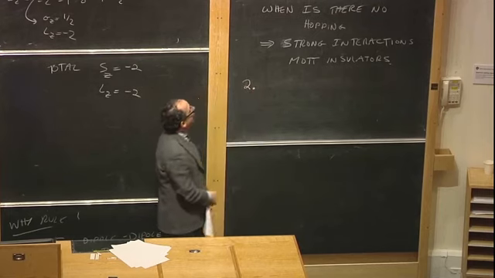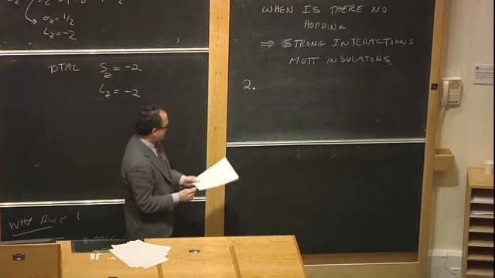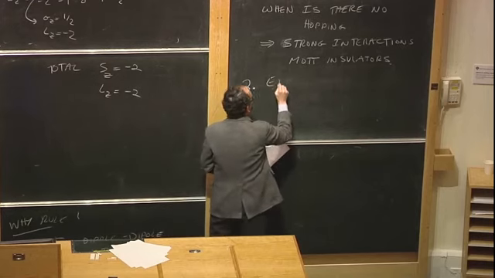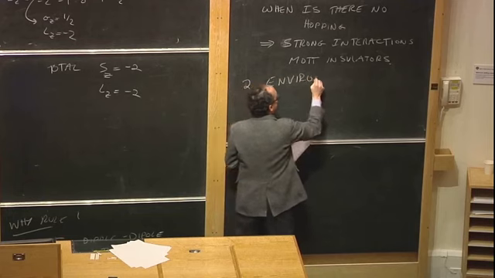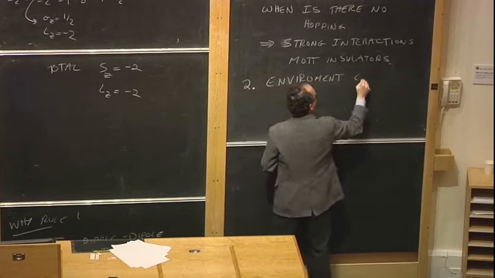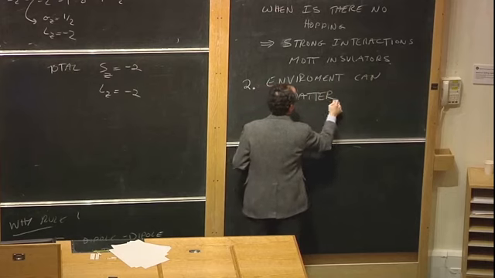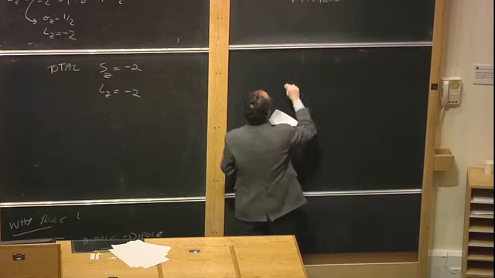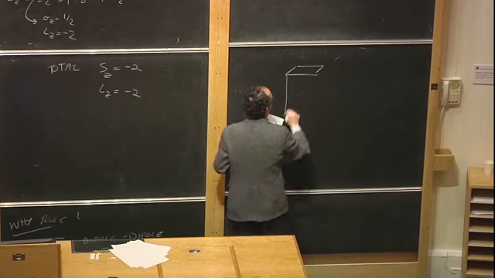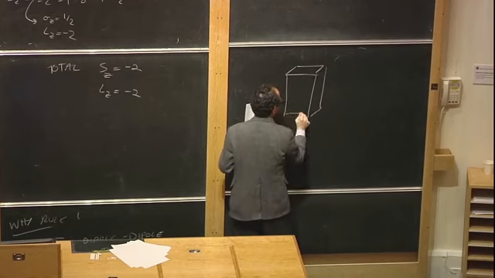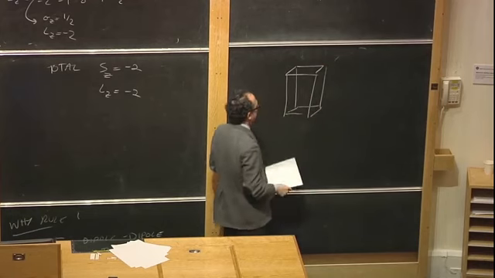Point two of what can be different in a solid is that the environment can matter. To give you an example of why that can be, let's imagine that you have an atom in a long tetragonal unit cell, which is much taller than it is wide.